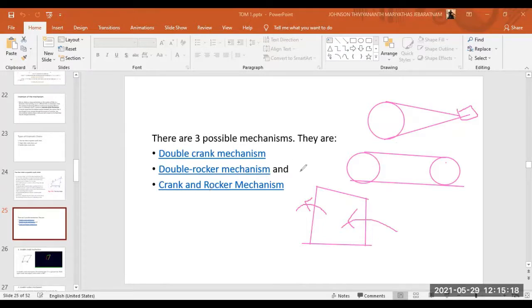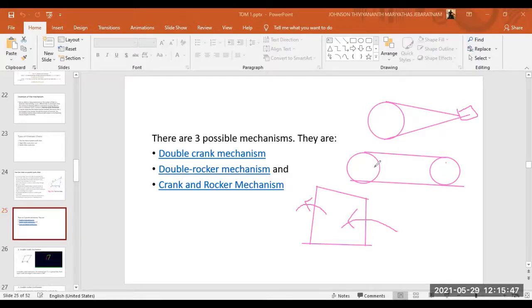The third one is the crank and rocker mechanism. There I have a crank which is making a complete revolution, and there is a rocker which is making an oscillating or reciprocating motion. So these are the three possible mechanisms. One is double crank, which should exhibit two complete rotations.